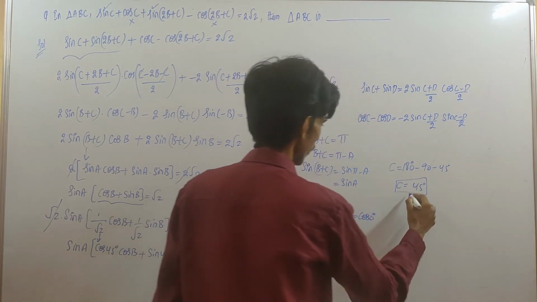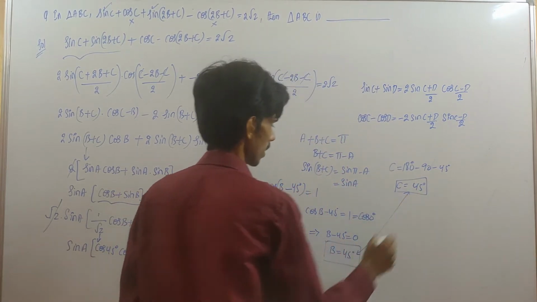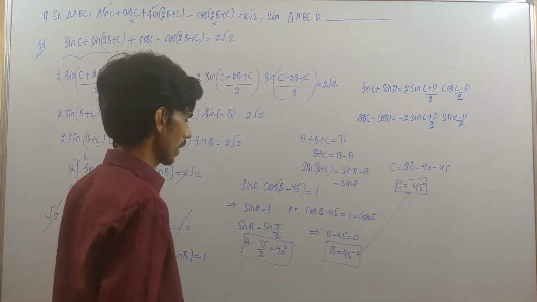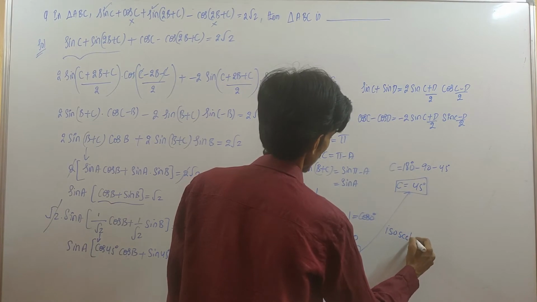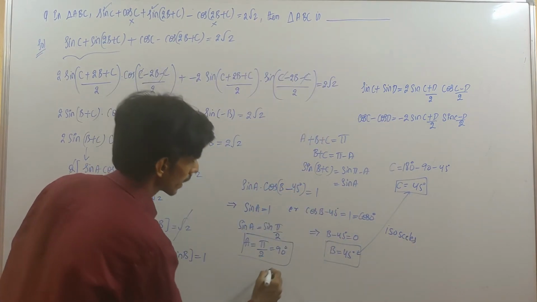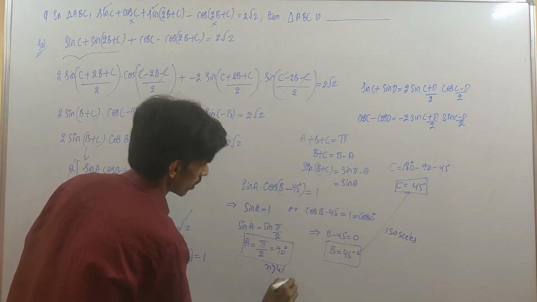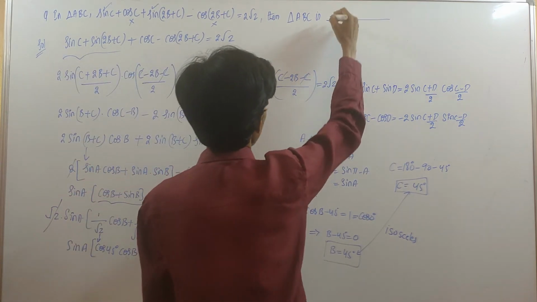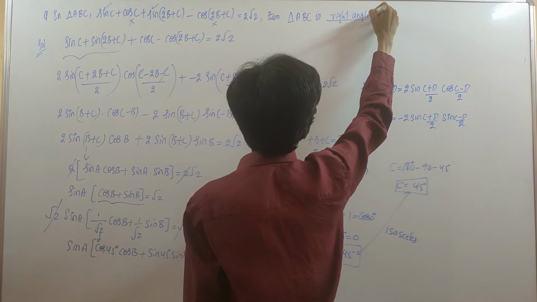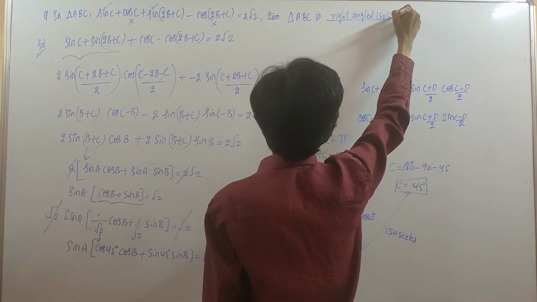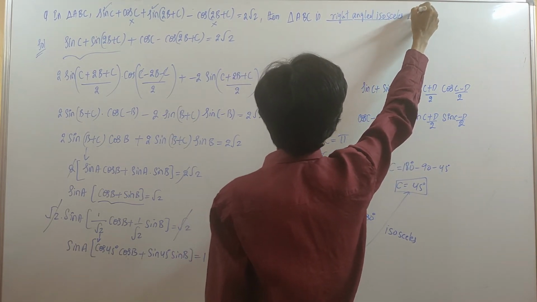So two angles are equal, these two angles are equal, B value and C value. So the triangle is isosceles. Here one is 90 degrees, so it is right angle. Hence the ABC triangle is right angle isosceles triangle.